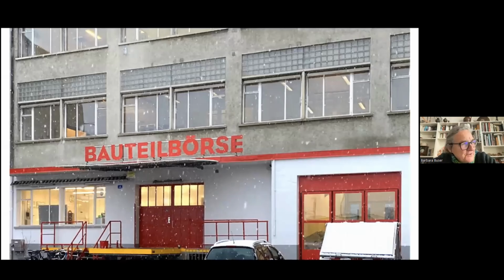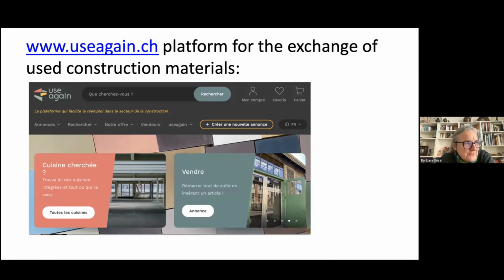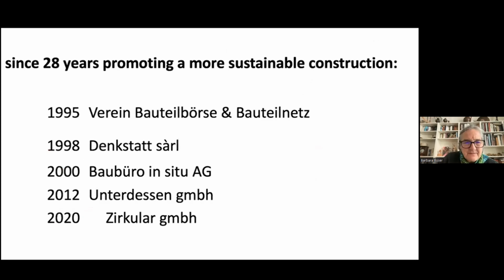It has changed names several times, and now it's called useagain.ch for Switzerland. This is where we offer the construction elements which are for sale, which would be thrown into the dump, and where people can also say, I'm looking for something. And I'll come back to this later on.